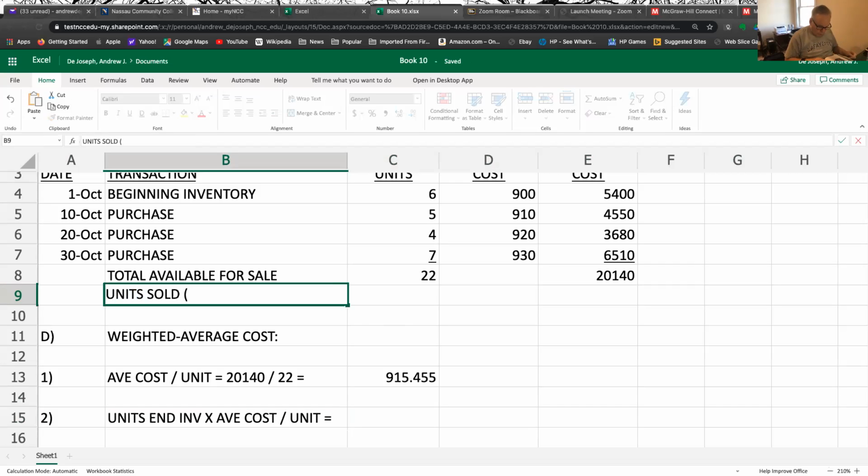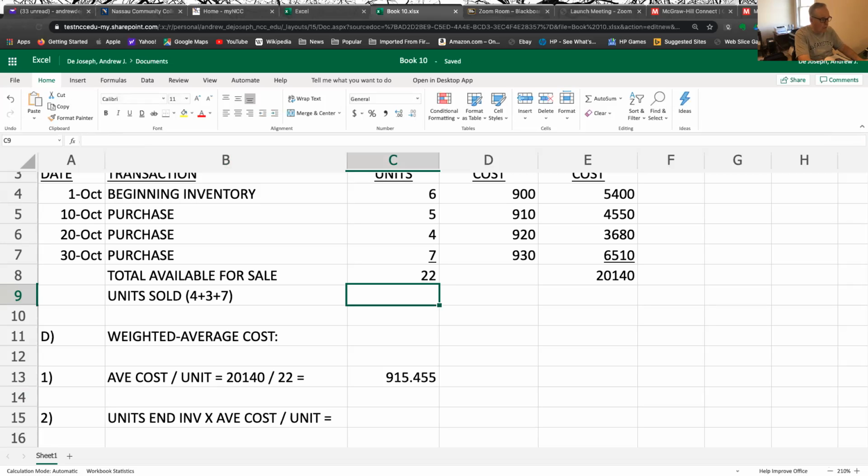How many units were sold? On October 4th, I sold 4. On October 13th, I sold 3. And on October 28th, I sold 7. So how many did I sell altogether? 4 plus 3 is 7, and 7 is 14.